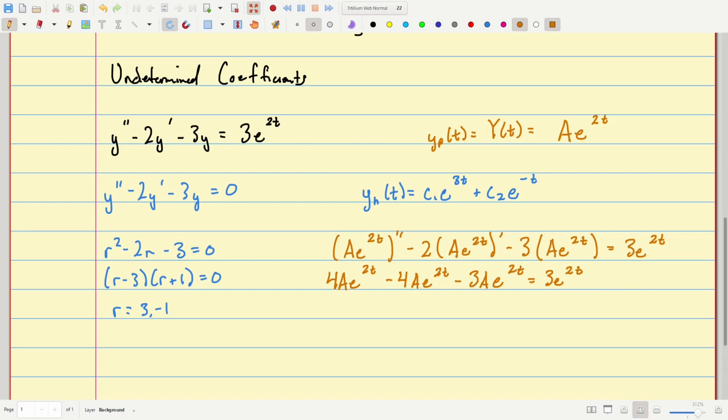Make sense? So we're left with negative 3a e to the 2t equals 3e to the 2t. So what do we know about a? Has to be negative 1.